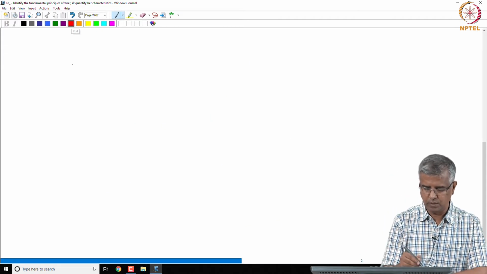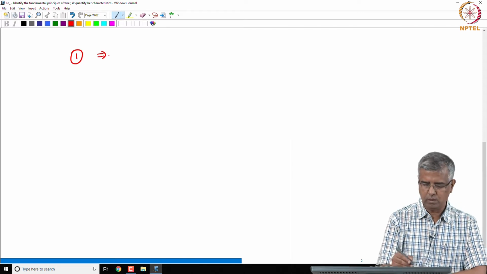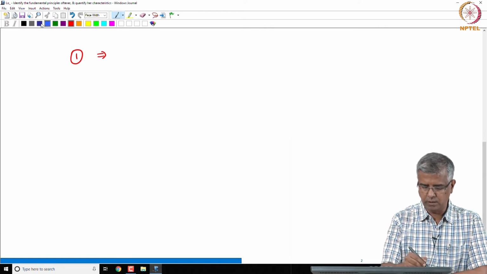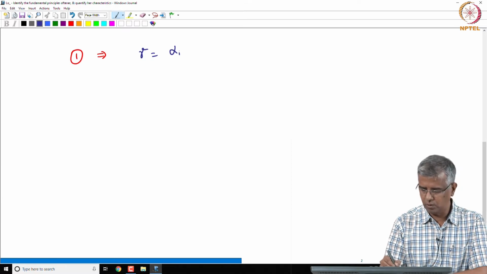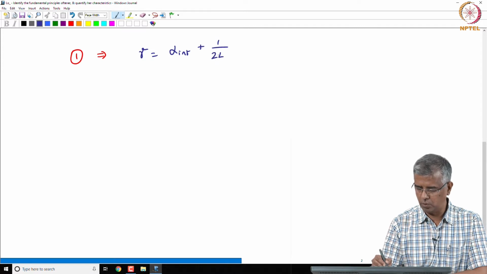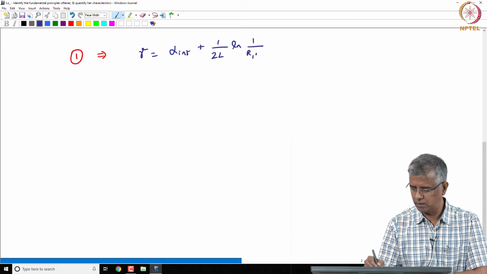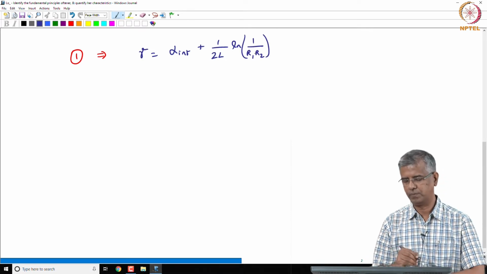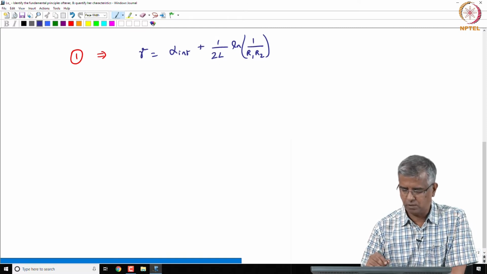and equation 1 provides, if you just rearrange the terms, what you get is gamma is going to be equal to alpha int plus 1 over 2L ln of 1 over R1 R2. Okay. So, where do I get this factor 2L?